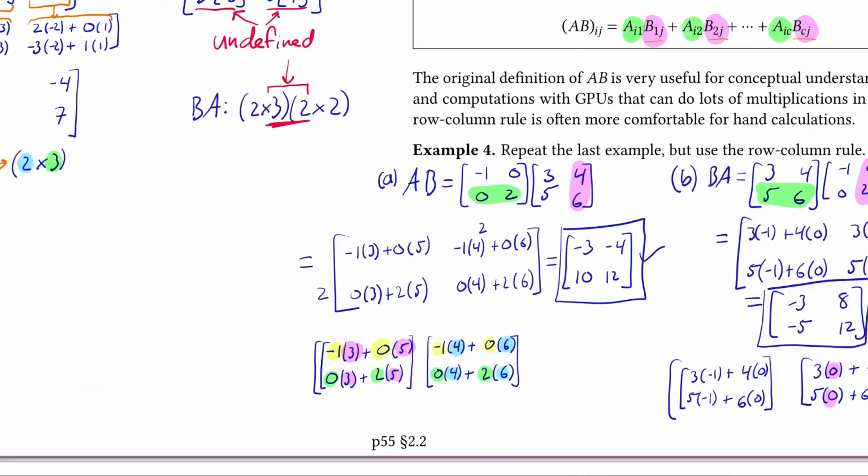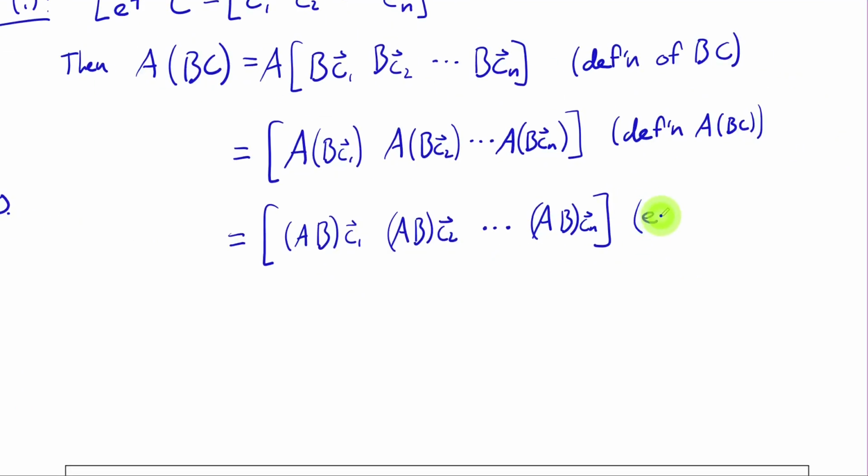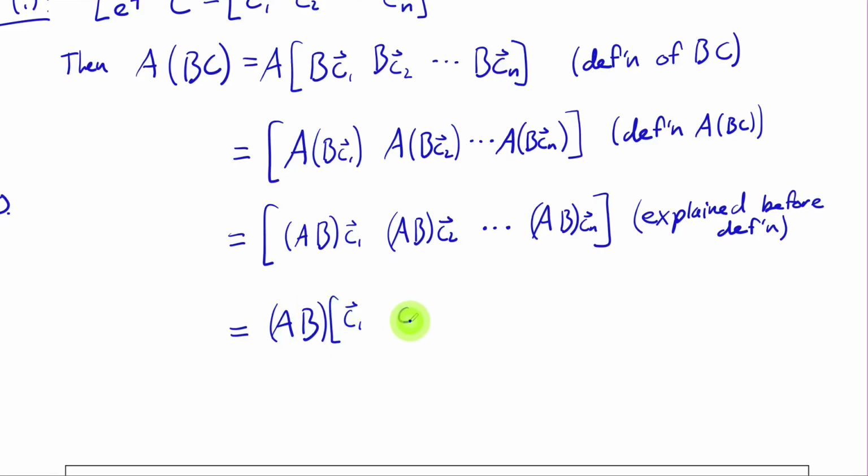It's just that now, instead of x, we have the columns of C. And this now is the definition of the matrix A times B multiplied by a matrix that has these columns, which is, of course, just C.